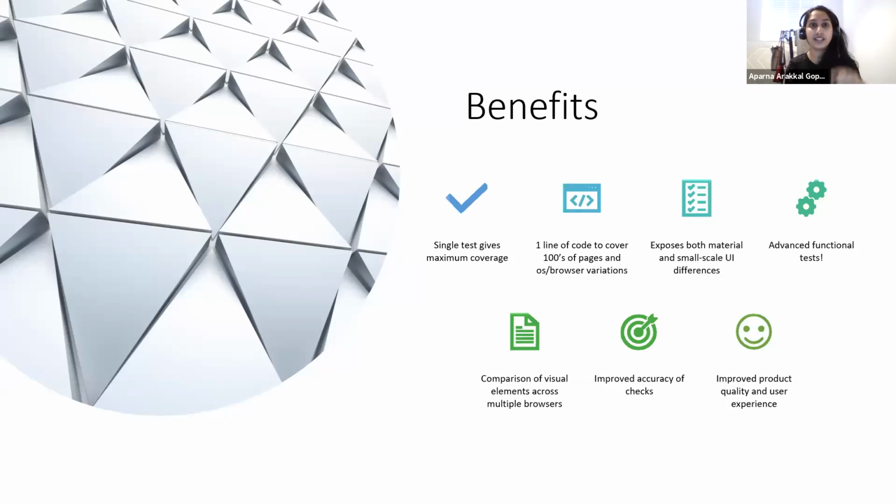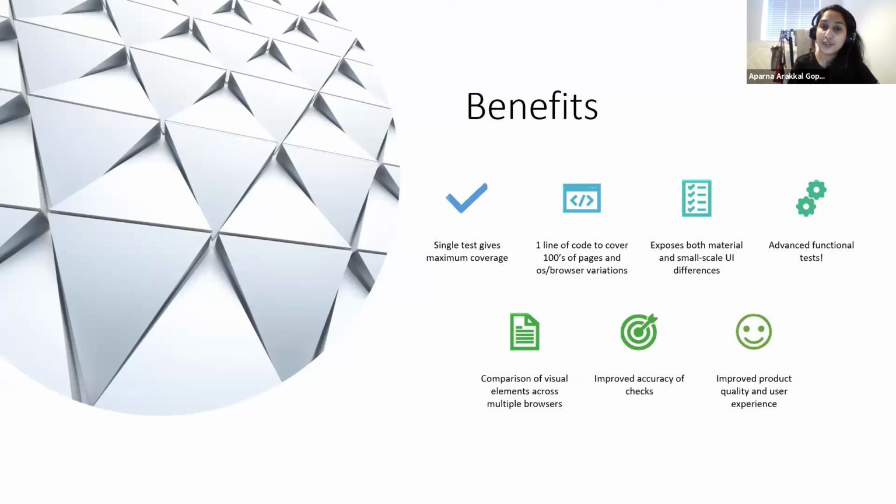We are searching for a product, and we feel that the search bar image has to be validated because it looks different from the previous or production version. So we can have just one call to Applitools Eyes, take a screenshot, and compare. We don't really have to compare; Applitools compares for us, so we can integrate that with our end-to-end test as well. It gives an extra bonus of having an advanced functional test.